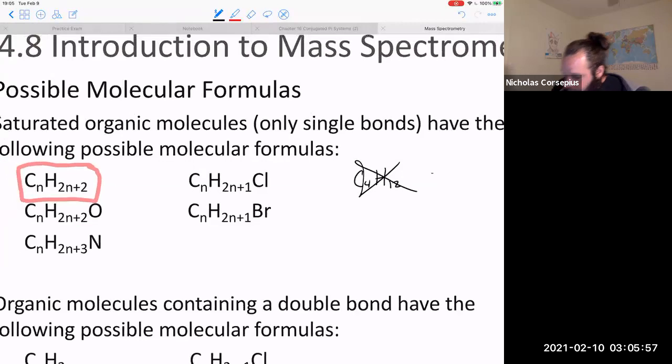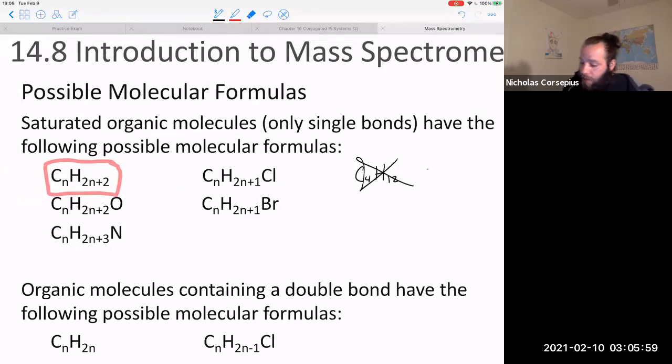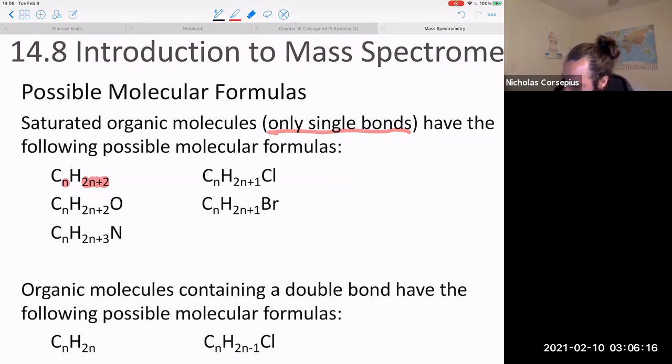Especially if we're talking about a saturated organic molecule. What do I mean by saturated? Meaning there are only single bonds in there. Then it's even more straightforward. So carbon is N, and hydrogen is 2N plus 2. I like to convince myself of this by looking at simple molecules.